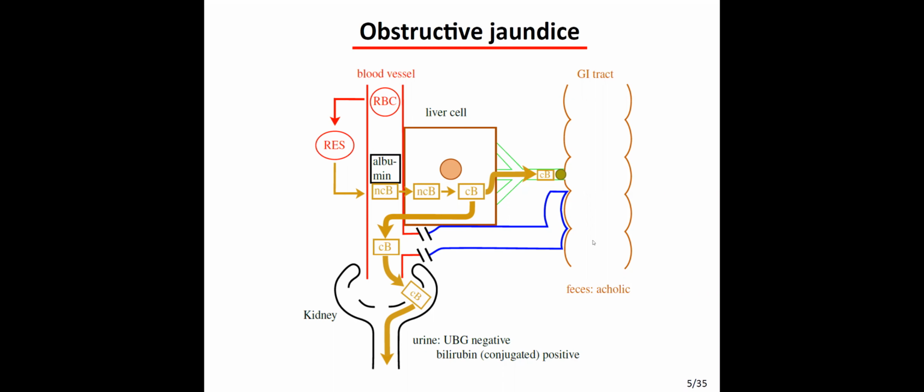So by only measuring the bilirubin, if you have a direct reacting one, you can think about a possible posthepatic or obstructive jaundice. Now, what other parameters can show that we have an obstruction?